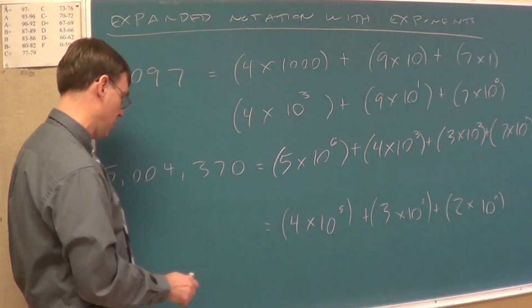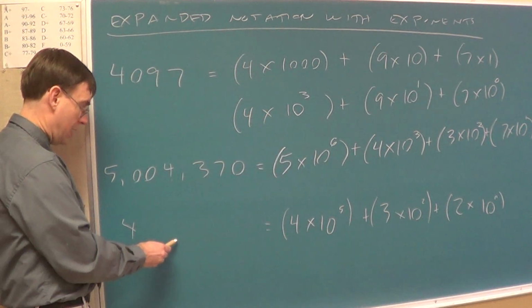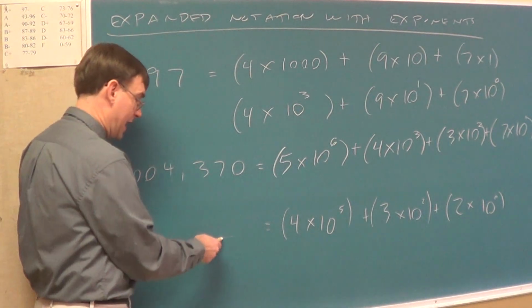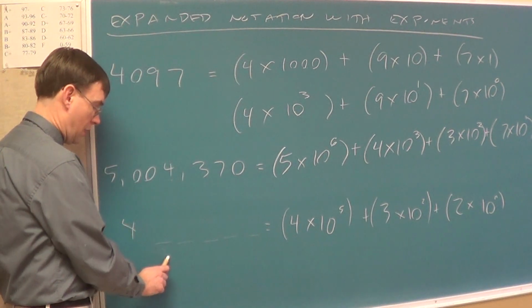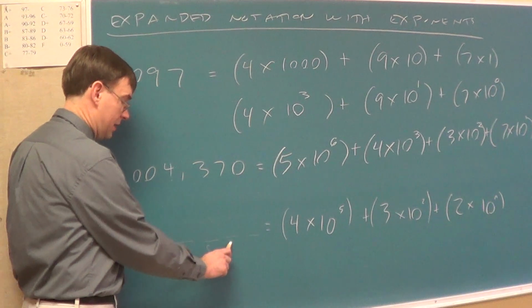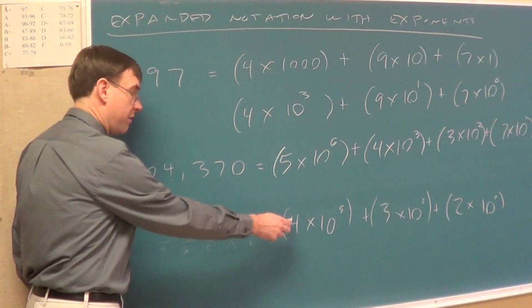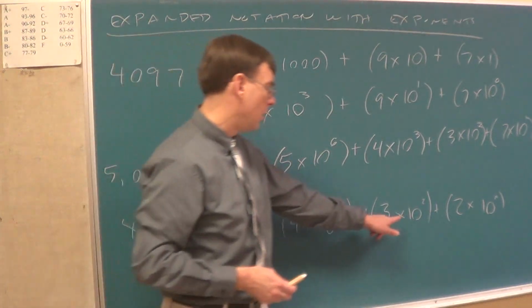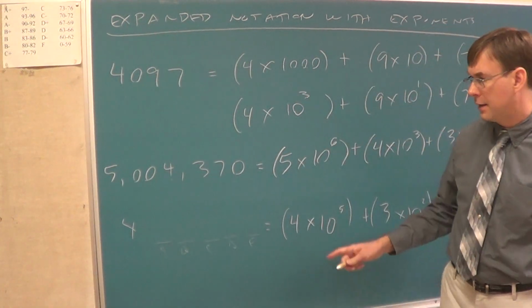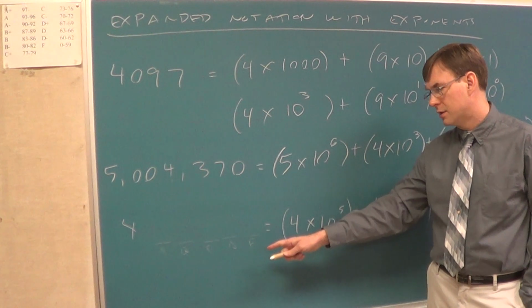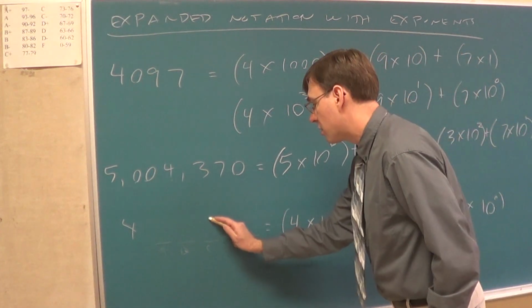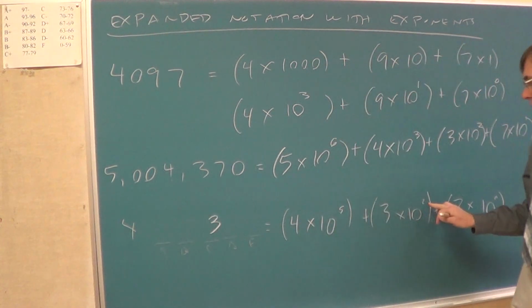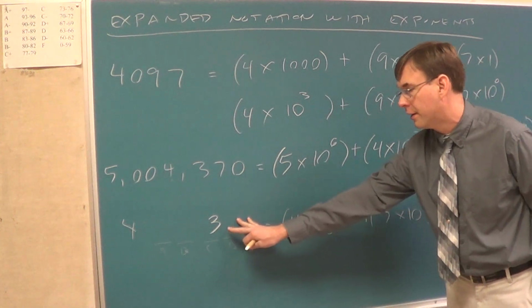So one way you could do this is write 4 and just gently put 5 blank spaces down: A, B, C, D, E. The 4 has to have 5 things come after it. Where do I need to drop the 3? Into which position? The C position. I need the 3 to drop in here where there's going to be 2 things after it.